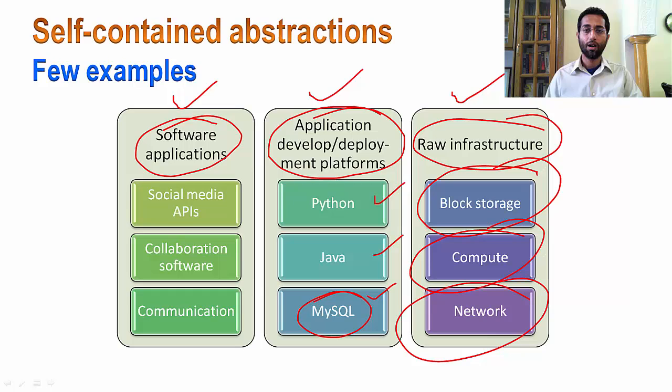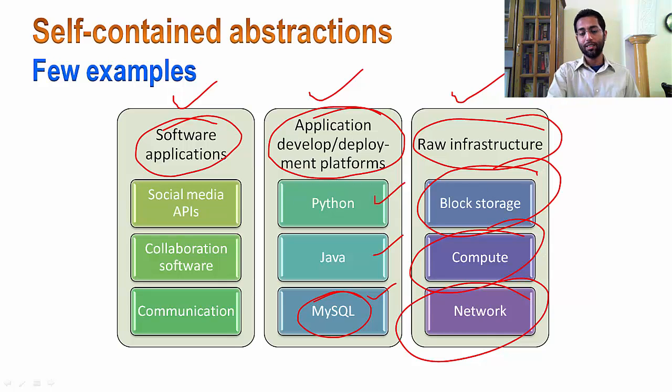An example of this scenario could be Gmail or Facebook. As an end user, I just use the software application. I don't bother about looking at the internals of how those things have been implemented. So in that sense, I can look at the application or the service itself as an abstraction.